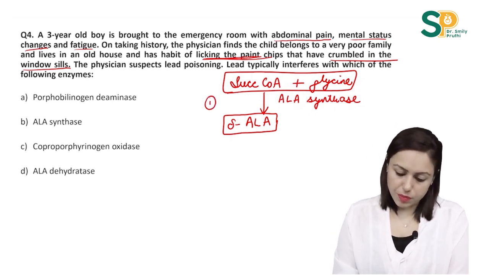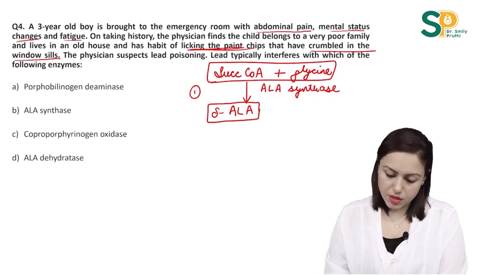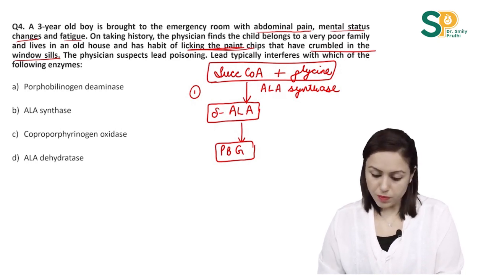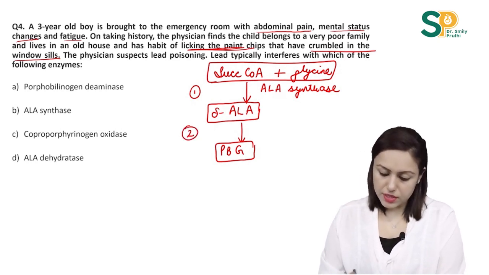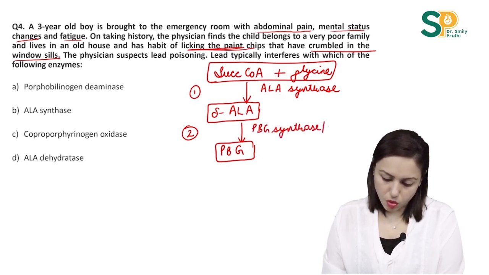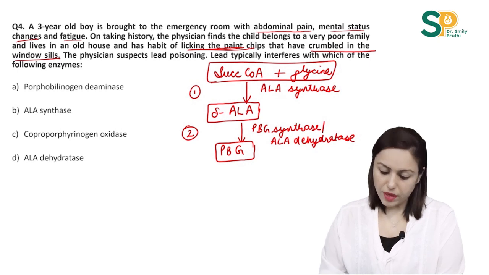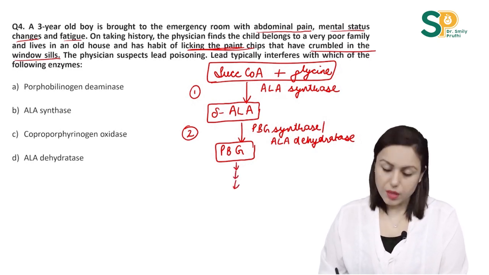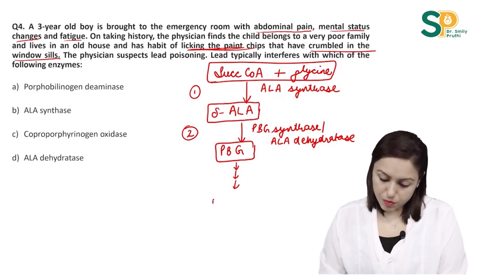So this is the first step of heme synthesis. Then ALA gets converted to PBG, that is porphobilinogen. Here this is the second step, and the enzyme is PBG synthase, or this is also known as ALA dehydratase, right?